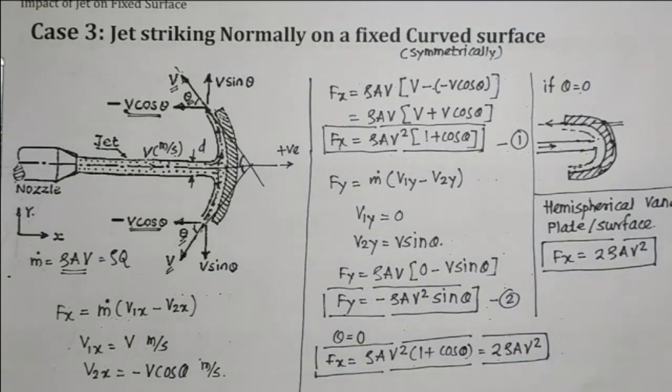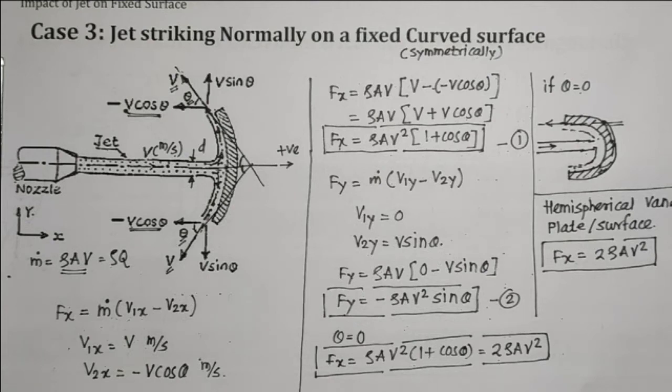In one of the in-semester examinations, a question was asked related to this theory. They asked to show that the force exerted on a symmetrically curved surface, which is hemispherical, is twice that of the force exerted on a flat plate.